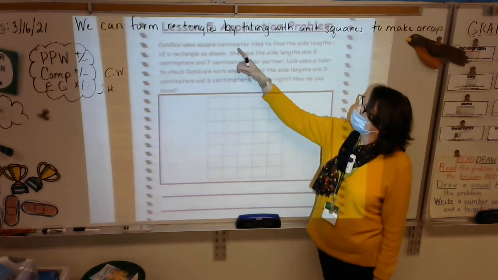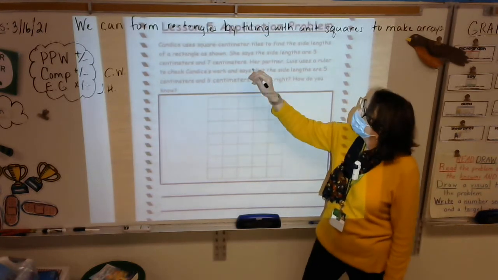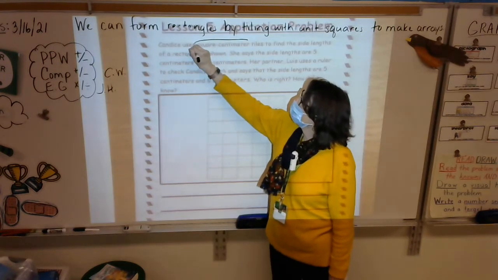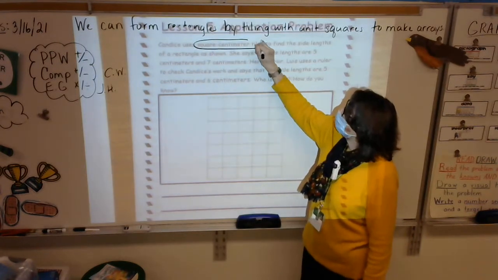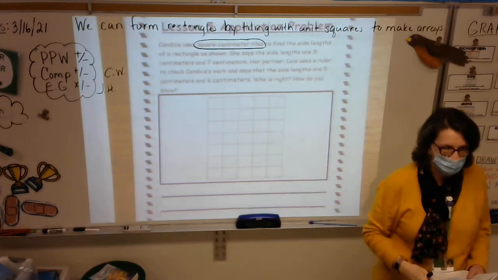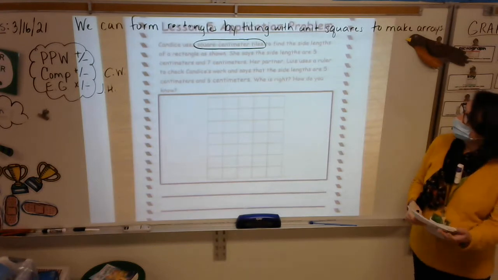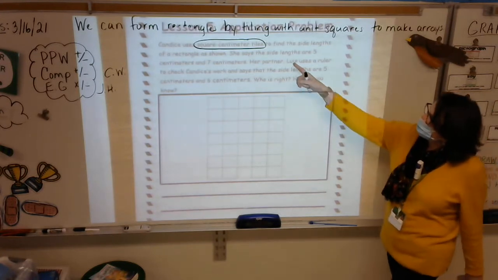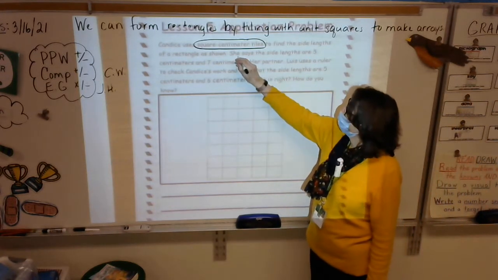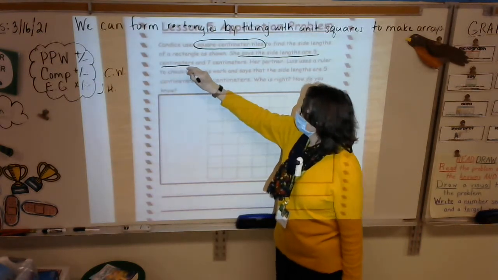Candace uses square centimeter tiles to find the side lengths of a rectangle shown. Let's make sure we underline or circle square centimeter tiles. That way we know what unit we're working with. We're working with square centimeters. She says the side lengths are 5 centimeters and 7 centimeters.